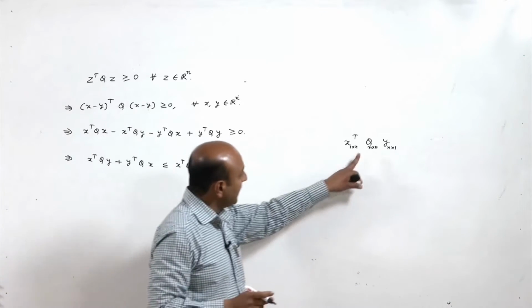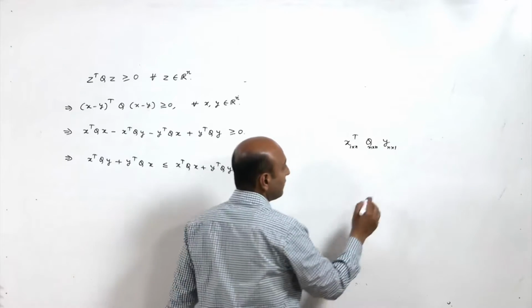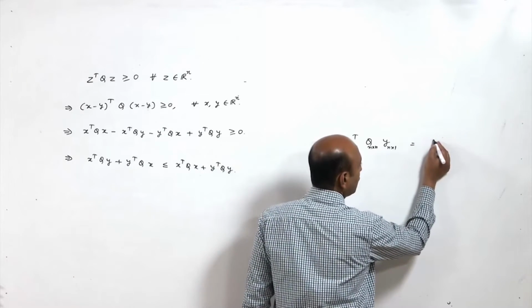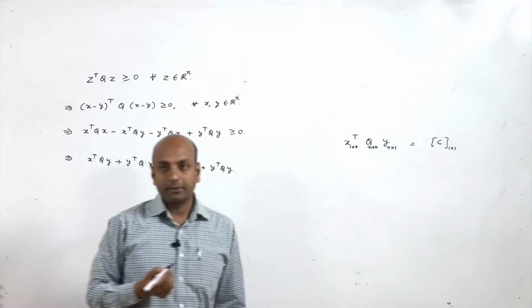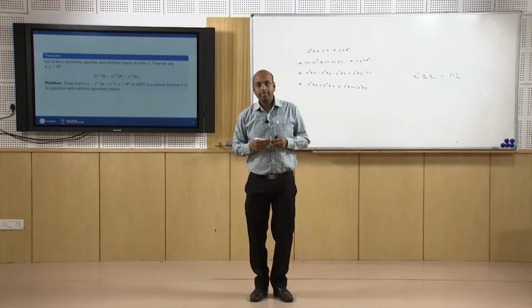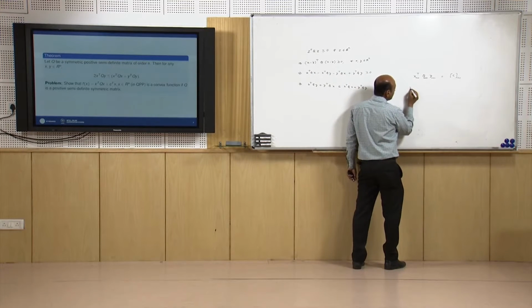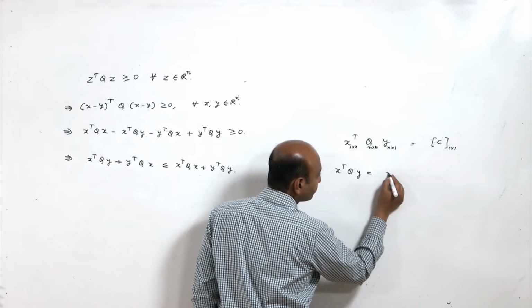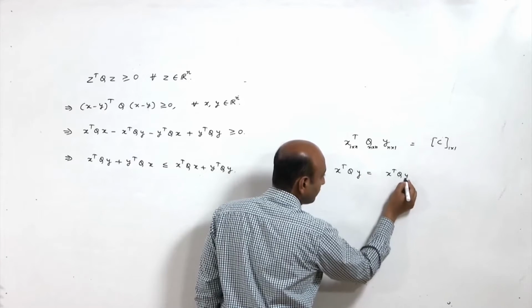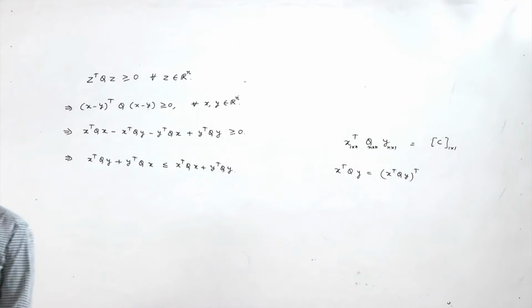So, when you multiply, it is 1 cross n, n cross n and n cross 1, that is, it will be some new matrix C, which is 1 cross 1. So, it is a scalar. Since it is a scalar, x transpose Q y will be equal to its transpose, because the transpose of a scalar is itself.